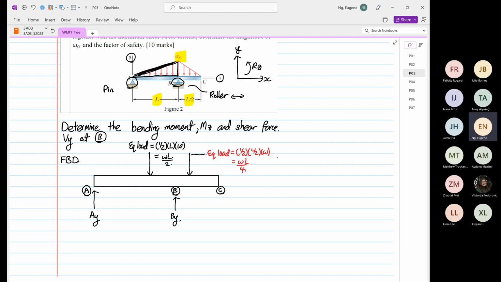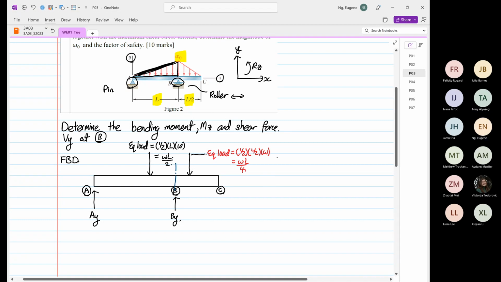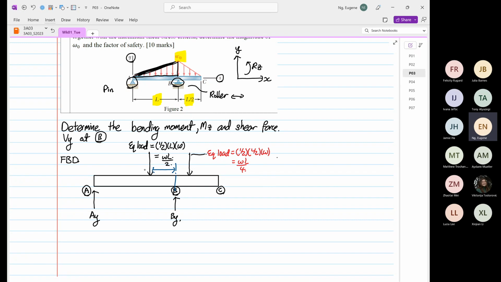Now, in order to find the reaction at A and at point B, you have to know the distance of the equivalent load relative to point B, for example, for this case. So what I'm going to do is I'm going to draw a line over here. So the distance of the equivalent load from here to here, I'm going to write over here.